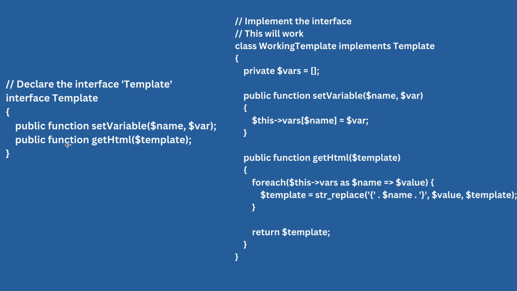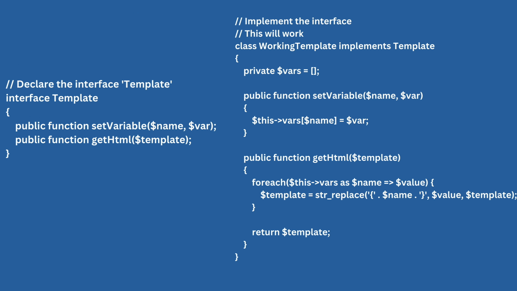Now I'm creating another class where I am implementing this one, so I'll write implements this interface, and here I will define set variable and get HTML.